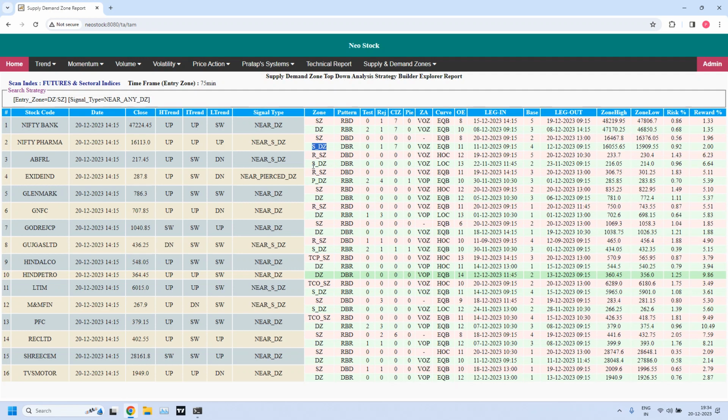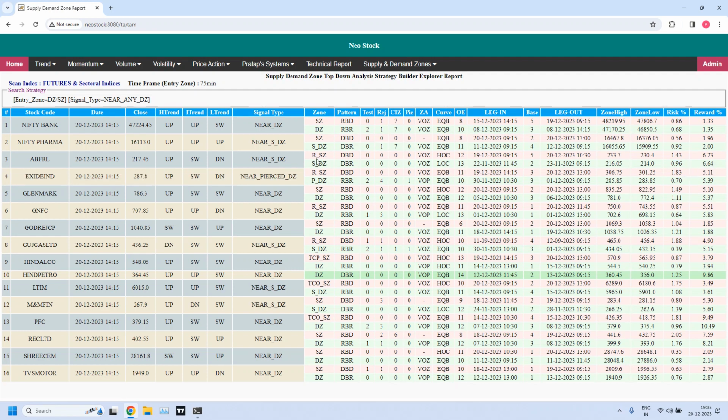Now ABFRL. ABFRL is there with one more high liquidity zone, low on the curve, and the resistance zone is also high on the curve. That means the risk reward, yeah.